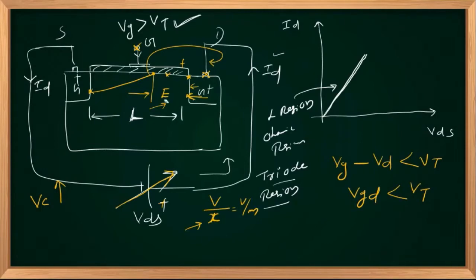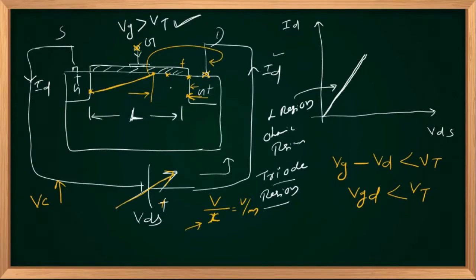Right? Increase in VDS will increase the potential at the channel VC, and that VC will decrease the difference between the gate and that point's channel potential. And hence, the channel moves towards the source side.